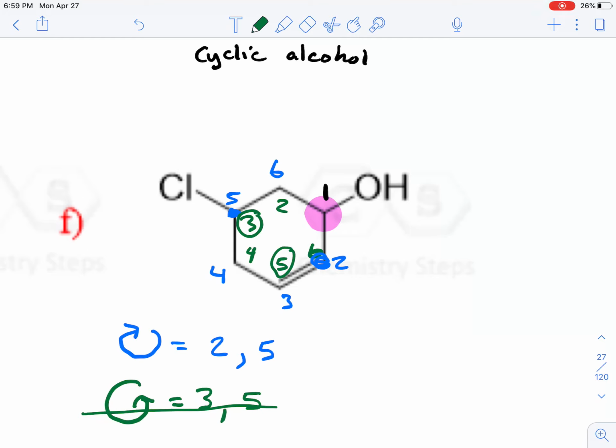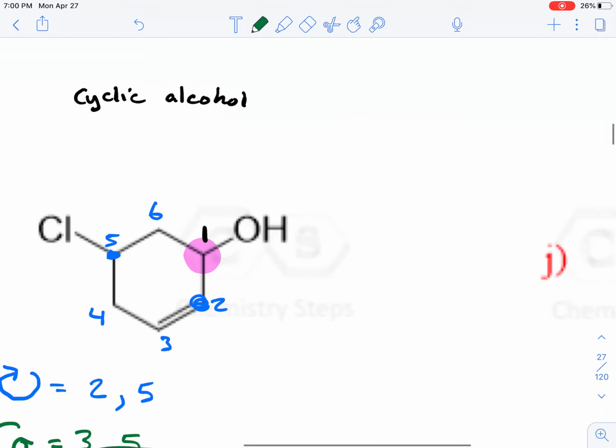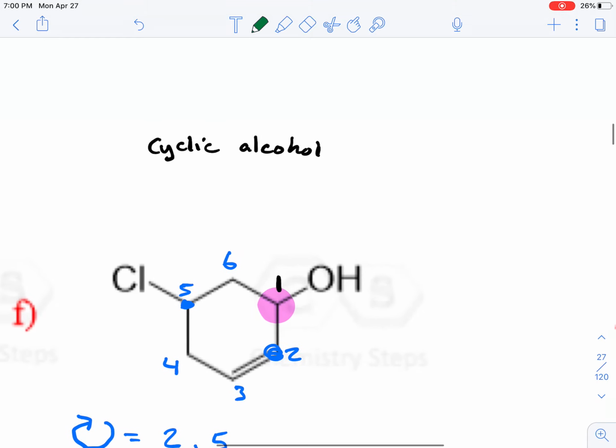And so it looks like my numbering system going clockwise is correct. And so for this cyclic alcohol, I know I'm going to be using 2 and 5 to describe my double bond and my chlorine. And so let's go ahead and talk about the parent name. So I think I just jumped some steps.